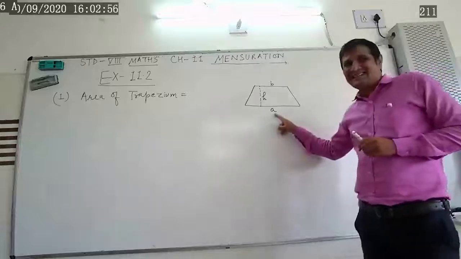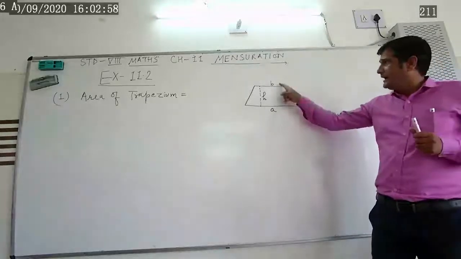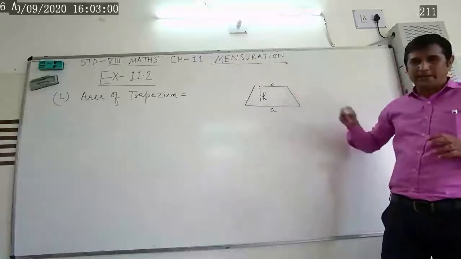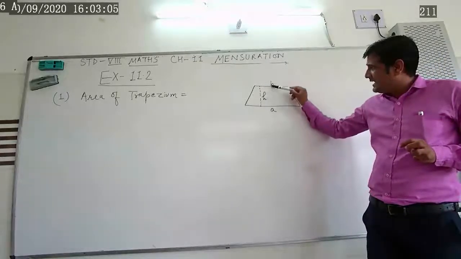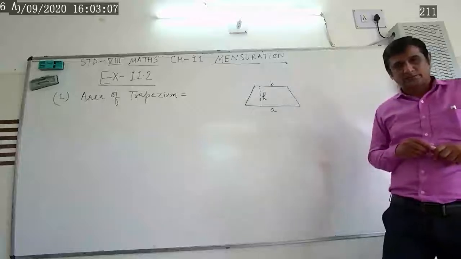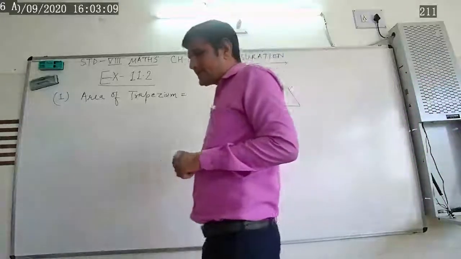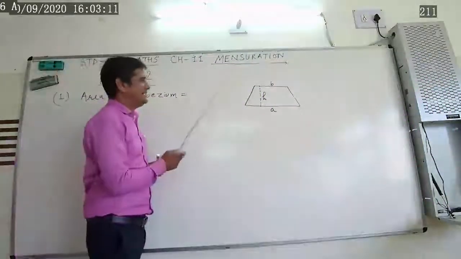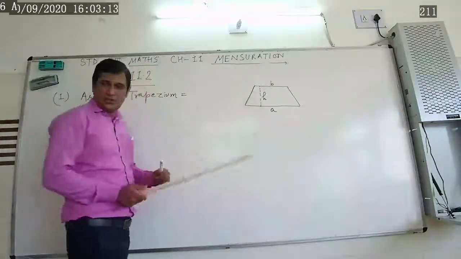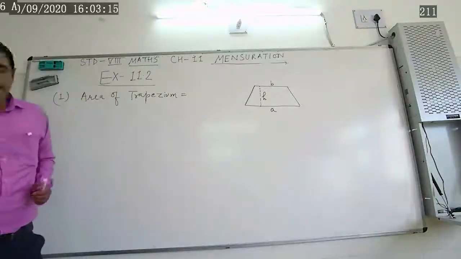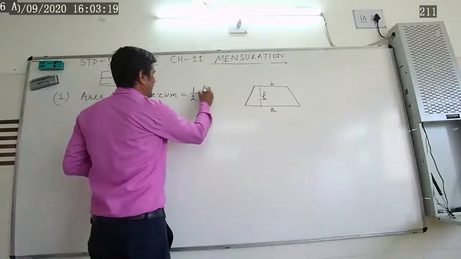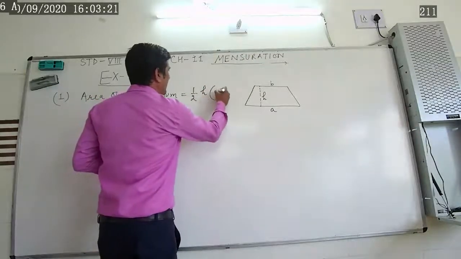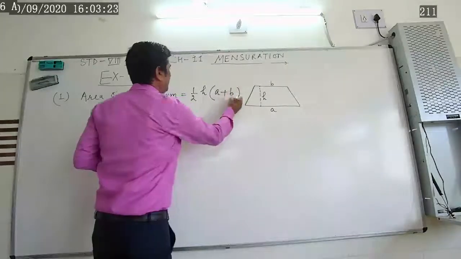One of the parallel sides is called A, and the second parallel side is called B. The distance between the parallel sides A and B is H. So the formula for the area is equal to 1 by 2 H into (A plus B).